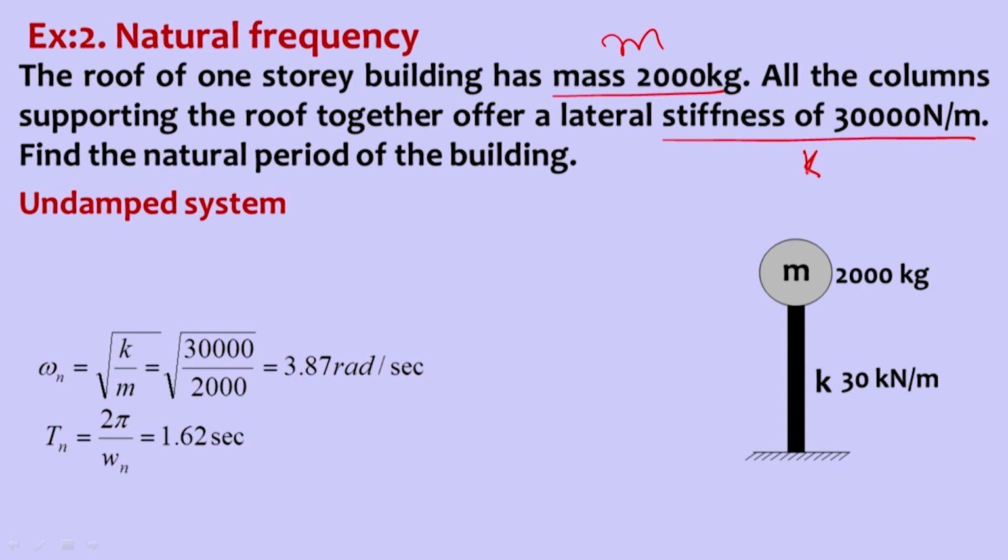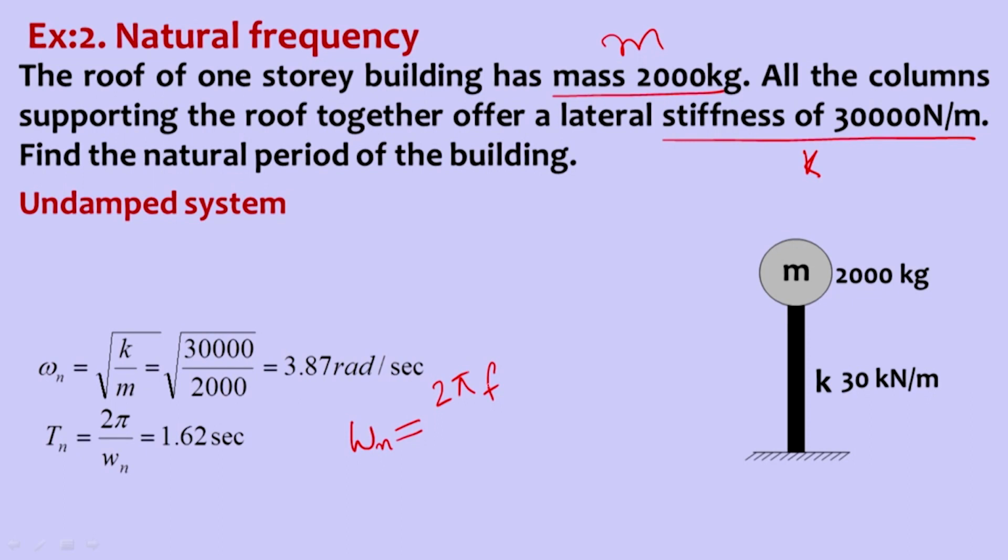So the natural period and natural frequency of the building are related in this form: omega n is equal to 2 pi f. This frequency is the number of cycles per second. So in 1 second, how many cycles are taking place, that is represented by frequency f, and the natural period is the time taken for one to and fro or one full cycle.